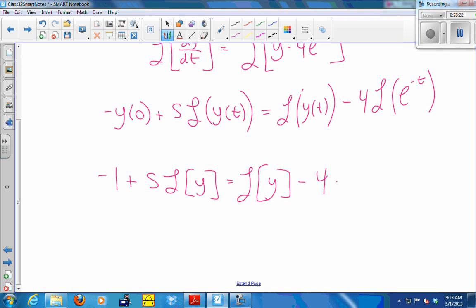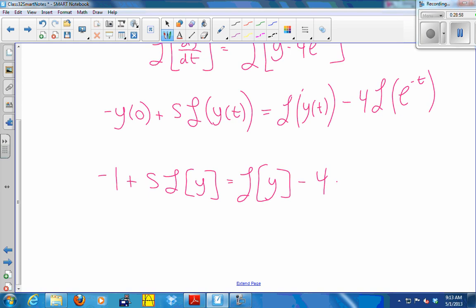Well, we know how to do the Laplace transform of any exponential. We did it earlier. It's 1 over s minus a. And in this case, a is negative 1. That was only when a equals 0. No, I can't cancel because I have s Laplace of y and 1 Laplace of y.